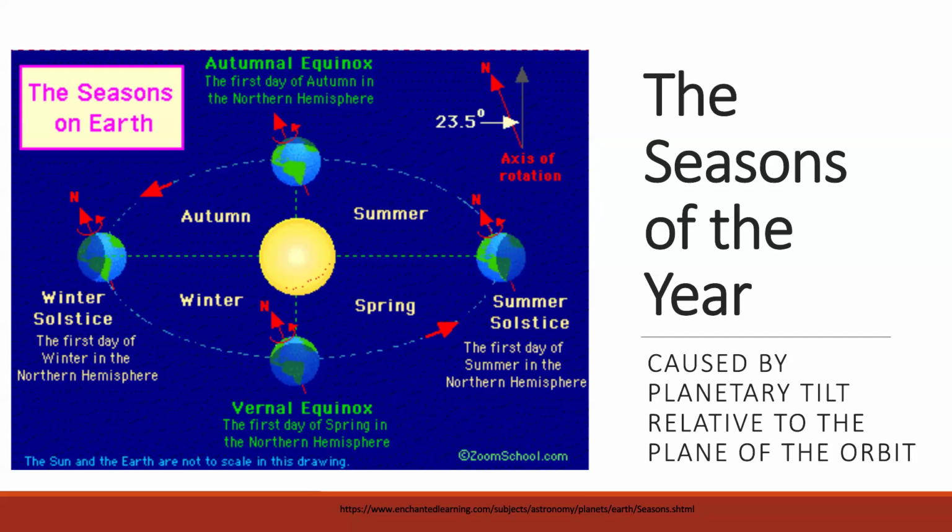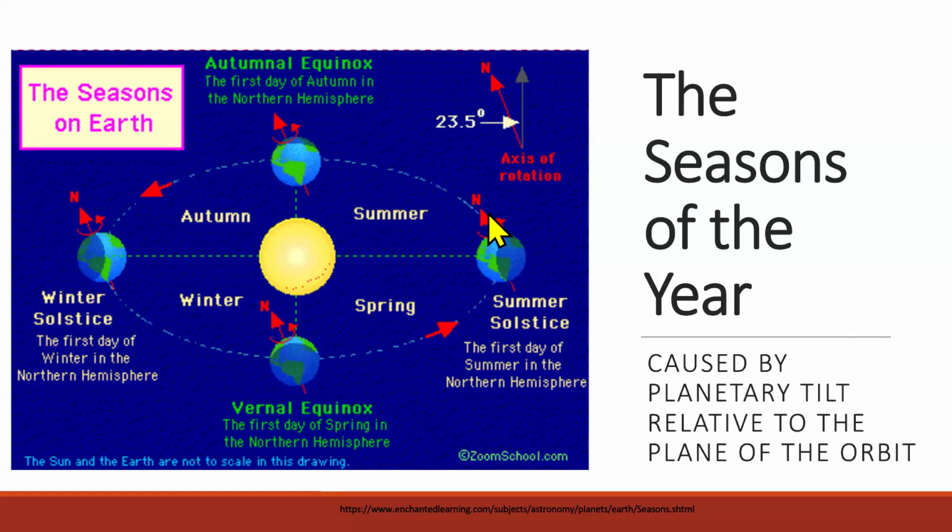All right. So because the angle of this tilt is always sort of on this diagram off to the left, notice that we have defined a winter solstice and summer solstice that are the longest extents where the planet is at the long ends of the ellipse that makes up the orbit.